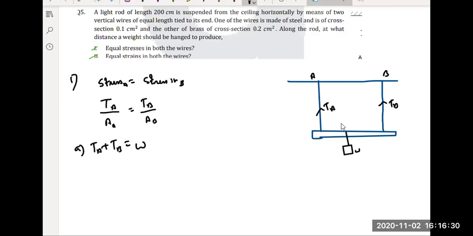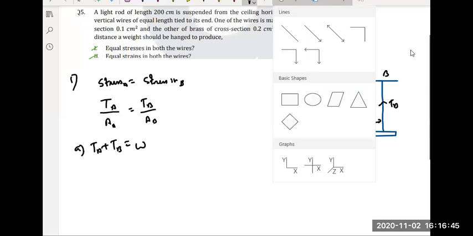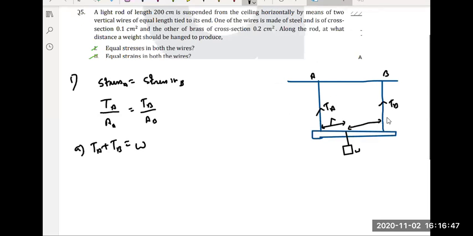Now suppose this is distance X, and the total length is L. So this distance is L minus X. Agree?